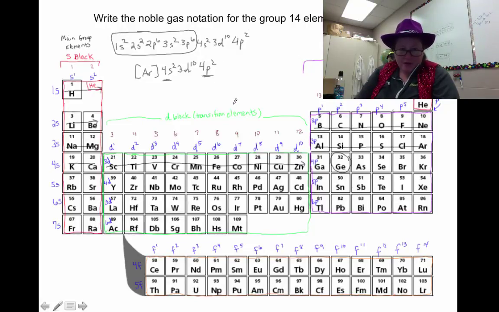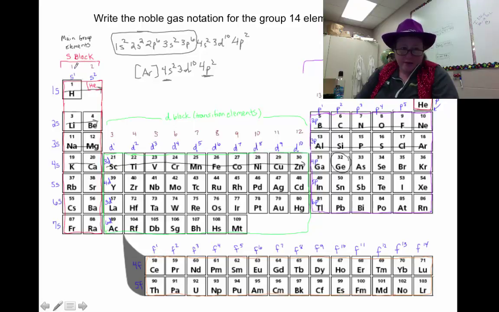I reminded students that another way that you can easily get the number of valence electrons when you're using the periodic table is to simply look at the group numbers. Now, this does not work for the transition elements, but it does work for the main group elements, which include the s and the p block.